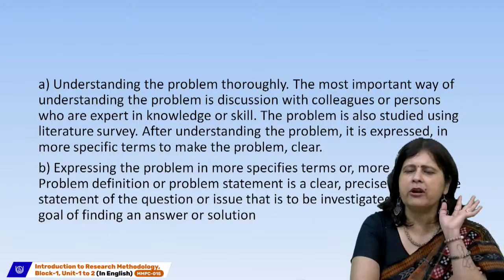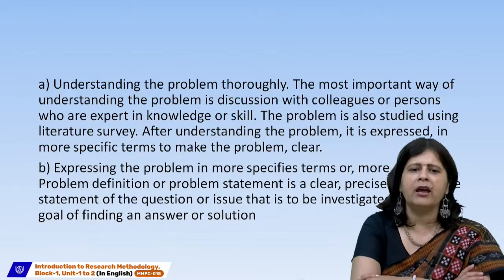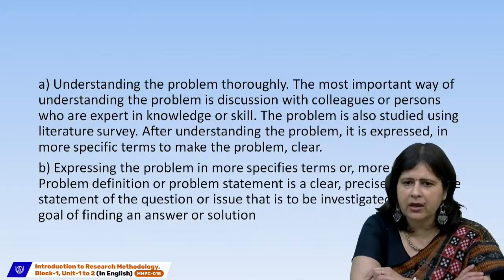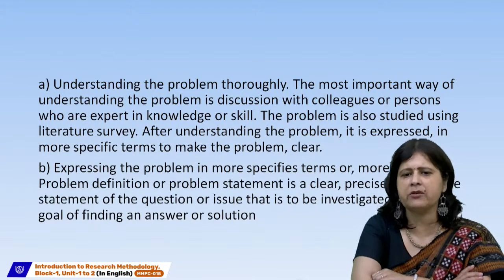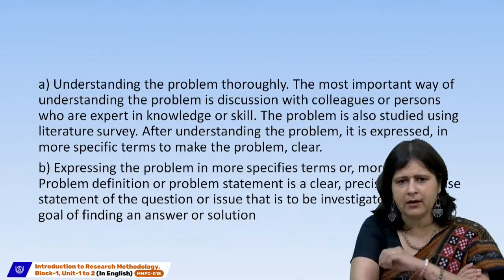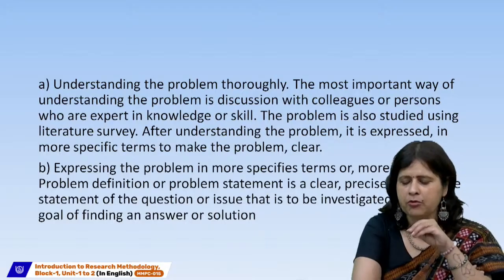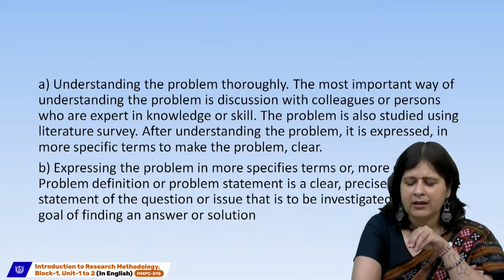The most important way of understanding the problem is discussion with colleagues and experts, and the problem is also studied using a literature survey. After understanding the problem, it is expressed in more specific terms to make it clear.